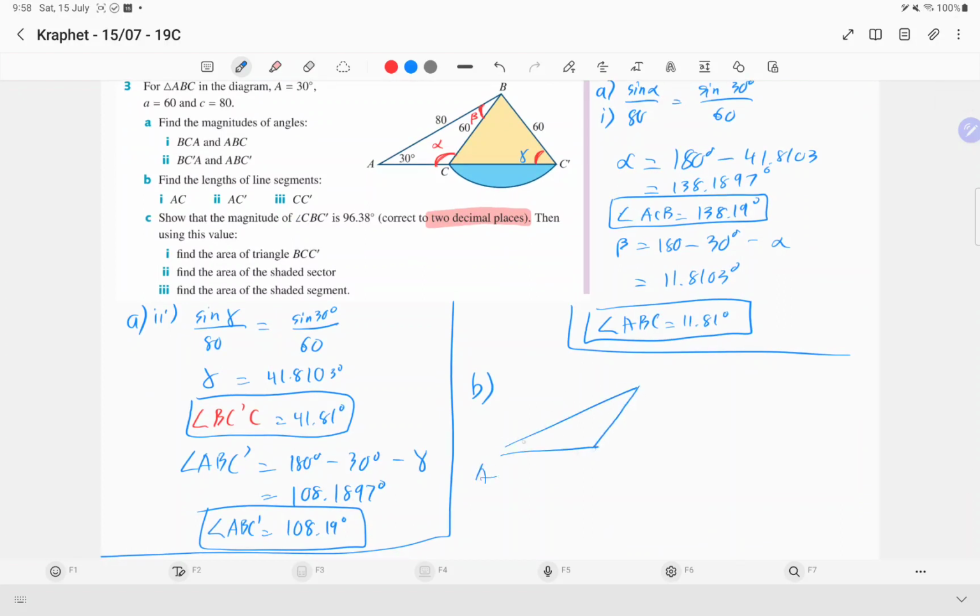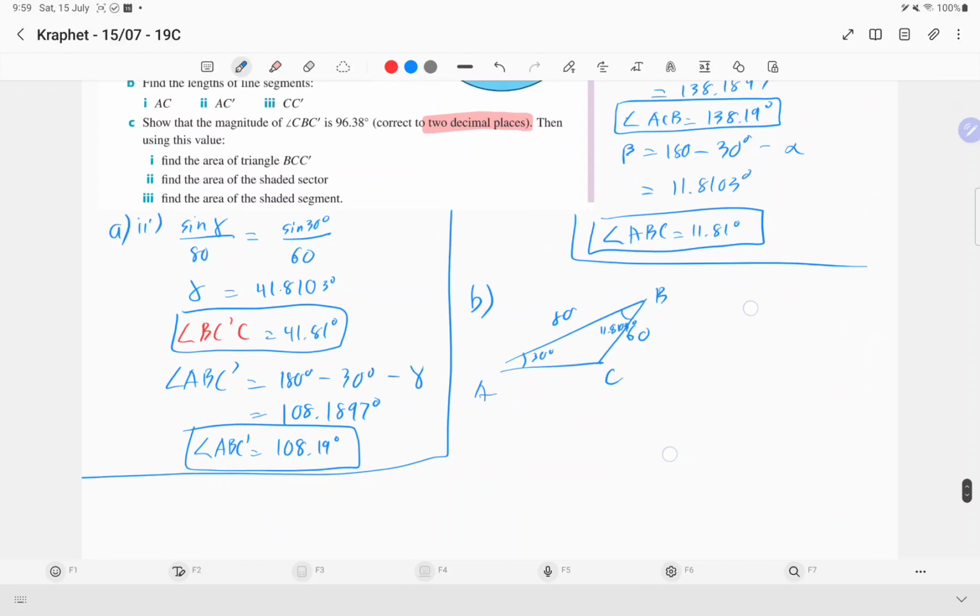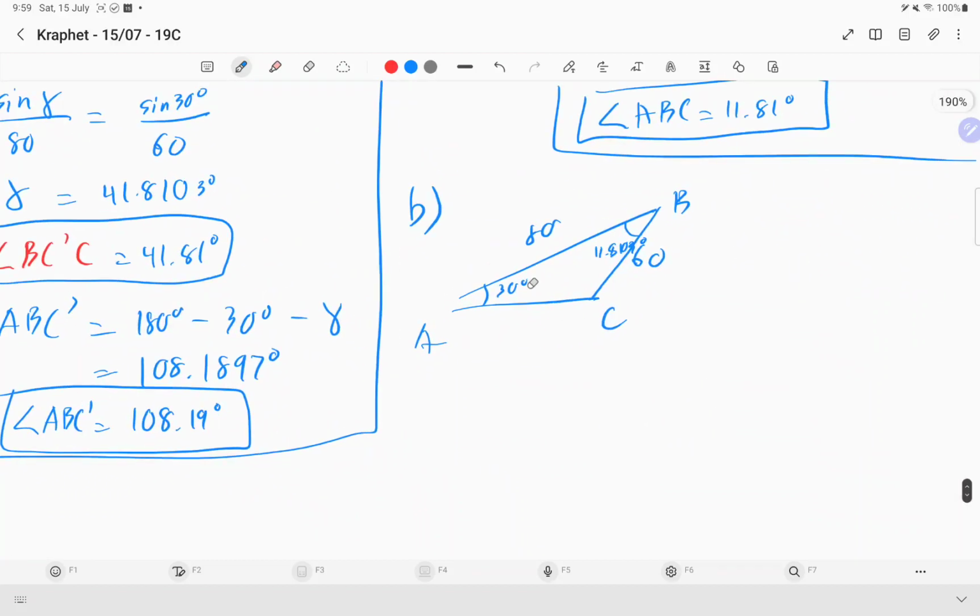So we've got A here, 30 degrees, 80, 60, and then we've got the angle B, which is 11.8103 degrees. Then we need AC. Since we need AC, we'll use the cosine rule, and I don't even need to put the 30 degrees in here. Only put in what I need so that it's not confusing me.